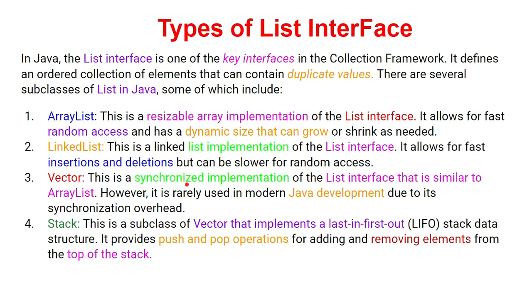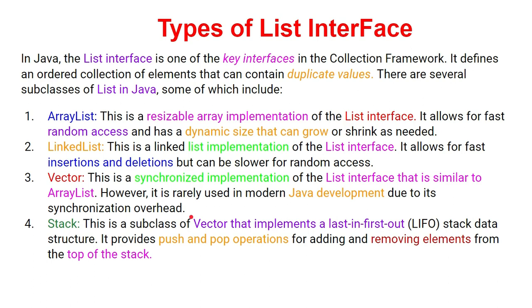That is called synchronization. So this is a synchronized implementation of the List interface that is similar to ArrayList. However, it is rarely used in modern Java development due to its synchronization overhead.